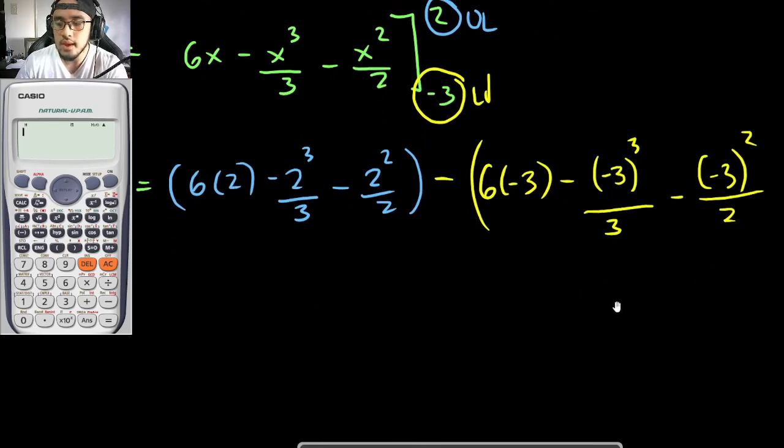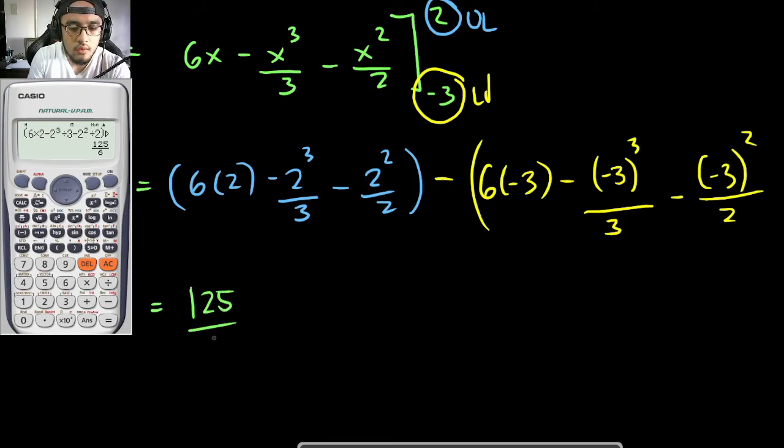With the aid of my calculator, our answer here would become 125 over 6 unit squared.